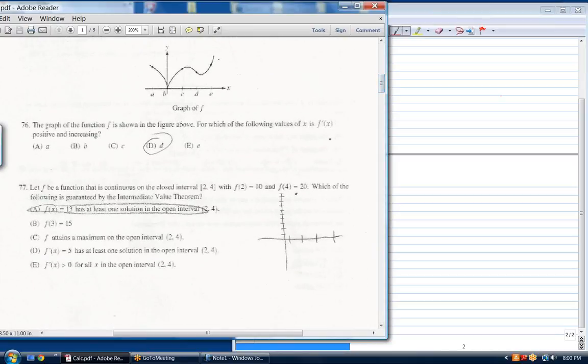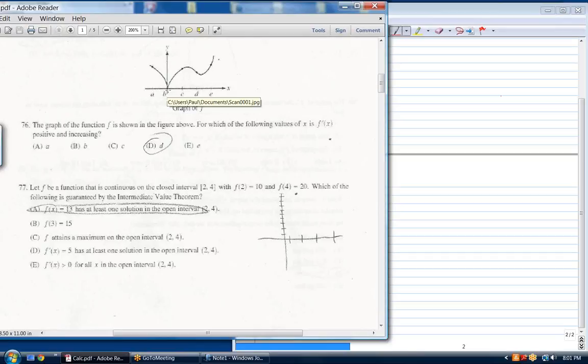Okay, make it easy. The graph of the function f is shown above. For which of the following values of x is f prime of x positive and increasing? Well, for f prime of x to be positive, it has to have positive slopes. Point A has a negative slope, so that's not going to qualify.